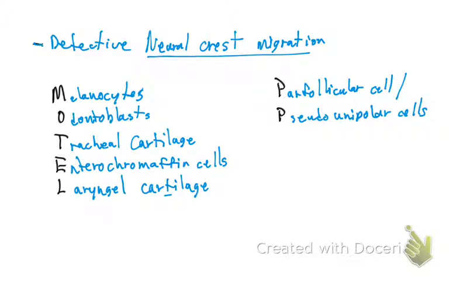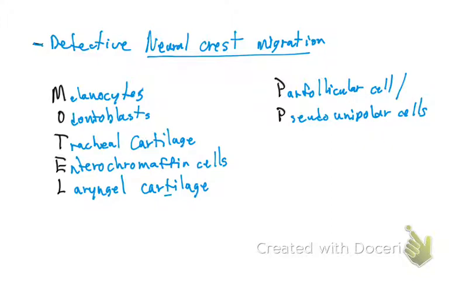So if they're talking about the periphery and sensory neuron cells, and they want to know the origin and mention neural crest cell, we already know that it is pseudounipolar cells. Then we continue with the mnemonic.